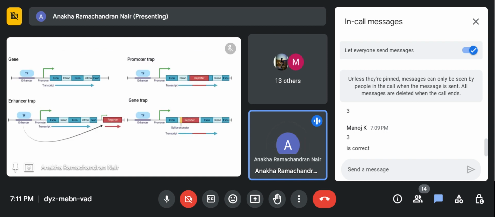Okay, so this is the gene that you're trying to study. A promoter trap is when you add a reporter gene which doesn't have its own promoter.